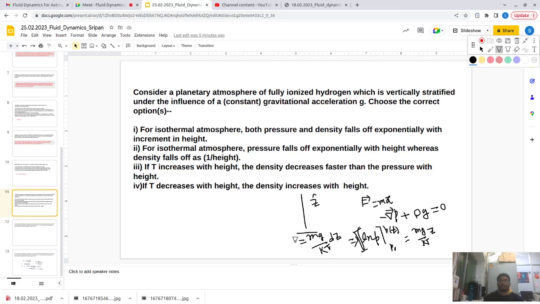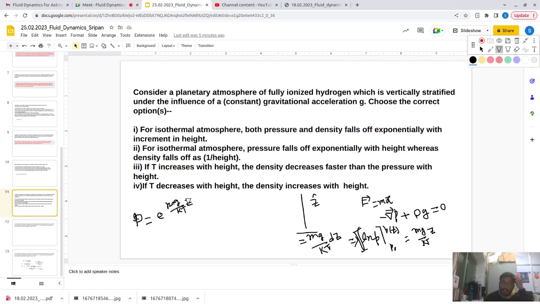Okay, now from here we can find that p equals e to the power mg by kT times z.